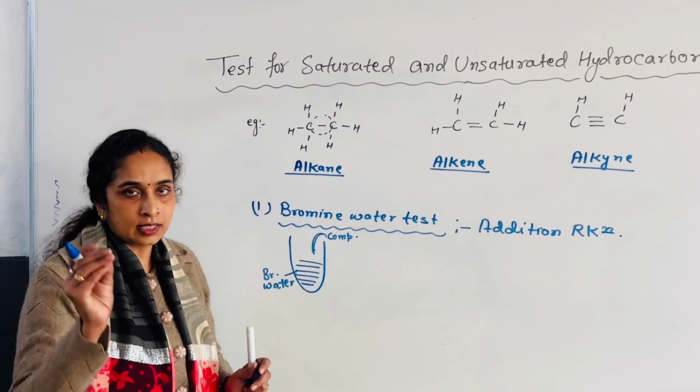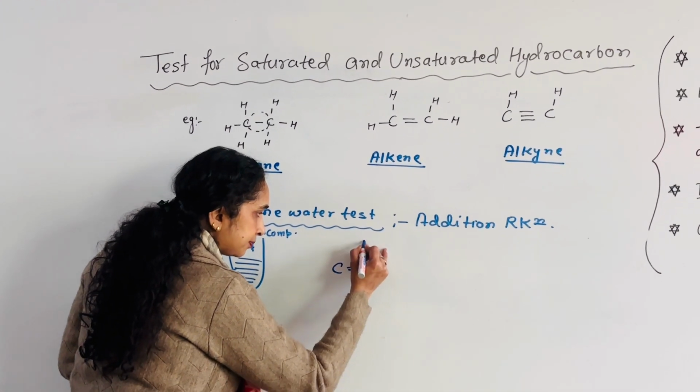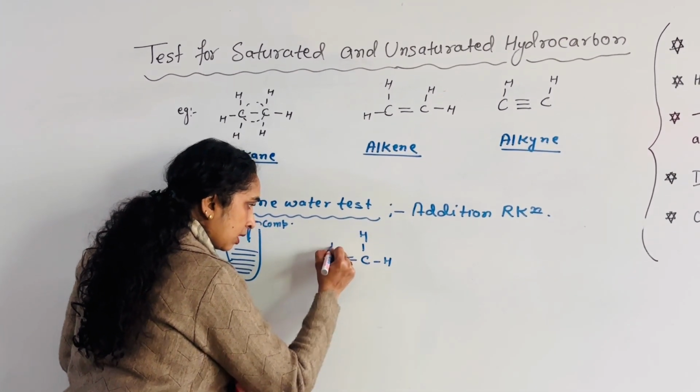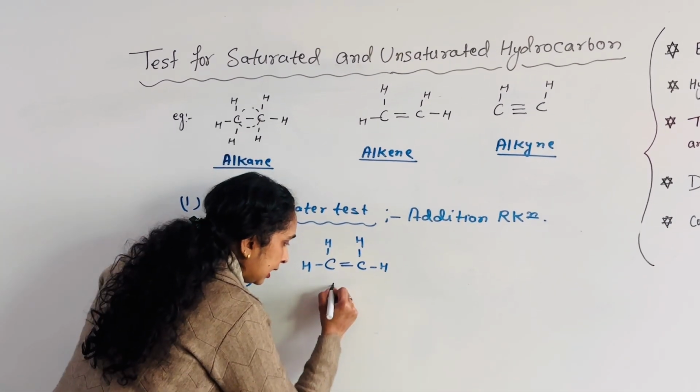We can write this in the form of an equation like this. What is this? This is ethene.